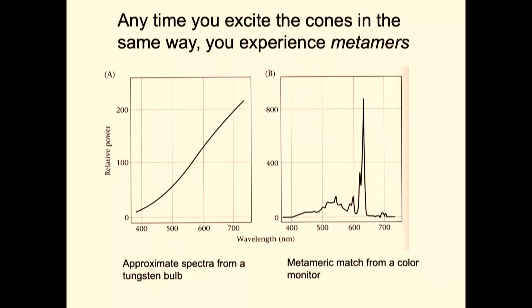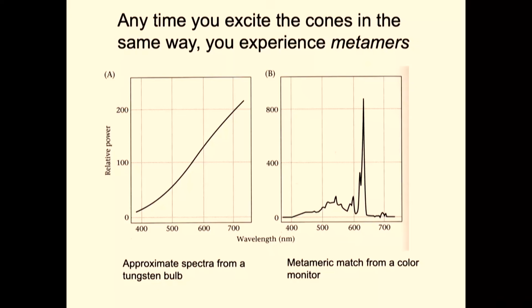One consequence is that there are many physically distinct spectra that will produce the same cone responses, and that thus will be indistinguishable to a human. Okay, even though physically you could measure them and see that they're different. Okay. And these are called metamers. Okay, so metamers are physically distinct stimuli that are indistinguishable to an observer.